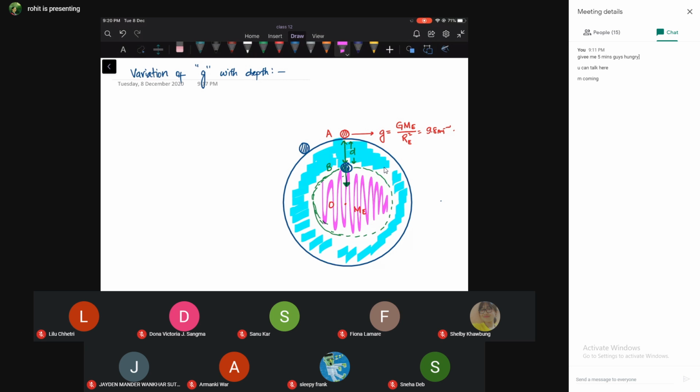So we have to be very careful now when we put the formulas for acceleration due to gravity. I'm going to do it right now, and you tell me whether you're clear or not. If I'm calculating the acceleration due to gravity at this point at a certain depth, I'm going to call it g prime. The formula will look like capital G, mass of this smaller portion, that is m dash, divided by the distance between the center of the earth and this point, squared.